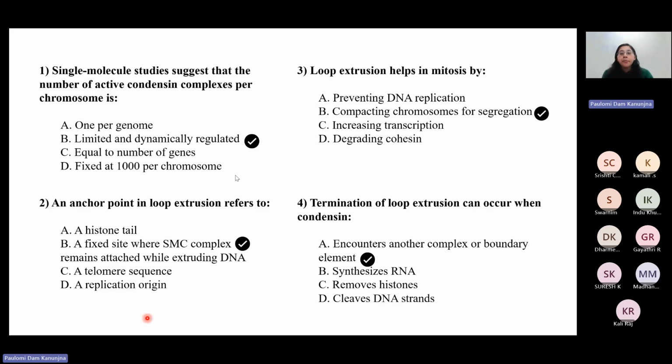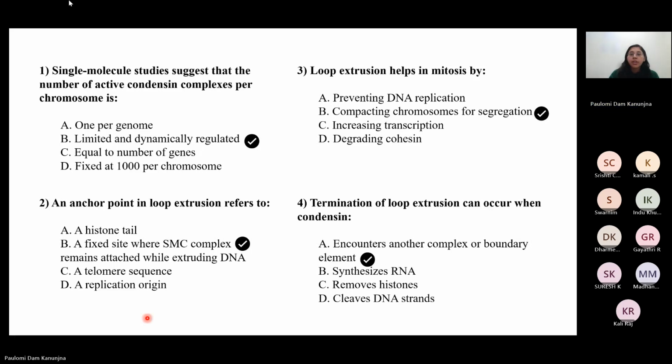They are present in certain numbers, and they are dynamically loaded and unloaded depending on the cell cycle stage. Because they are limited in number, you use certain condensins at certain stages, so you don't load everything or unload everything; you regulate the number.